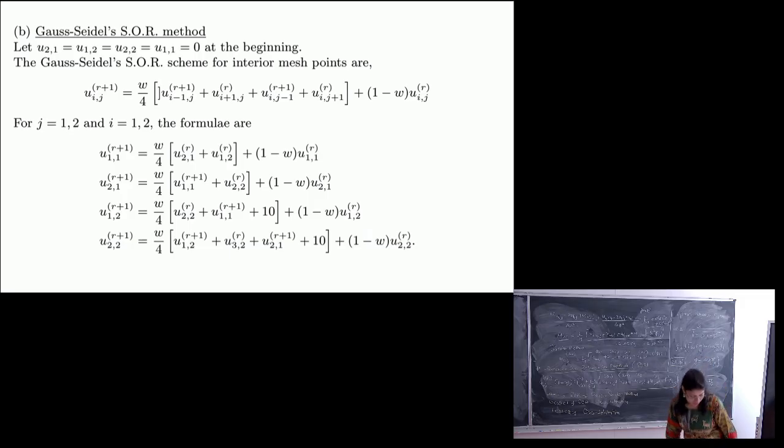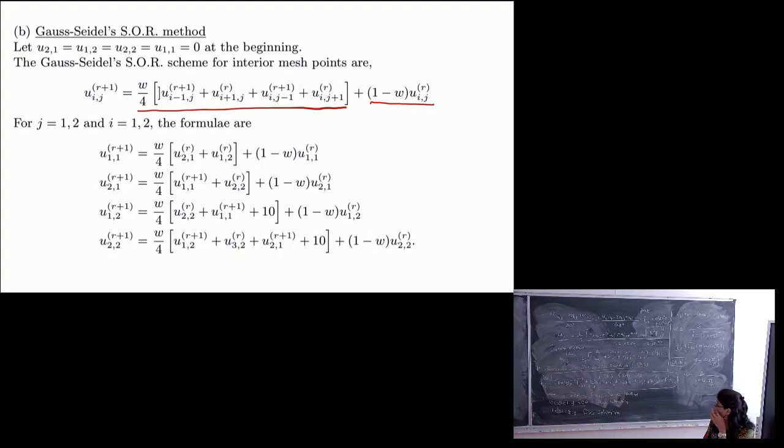Let's see what is happening in this example. I am applying the same formula, which is 1 minus omega times u_ij^r plus omega times your Gauss-Seidel formula.